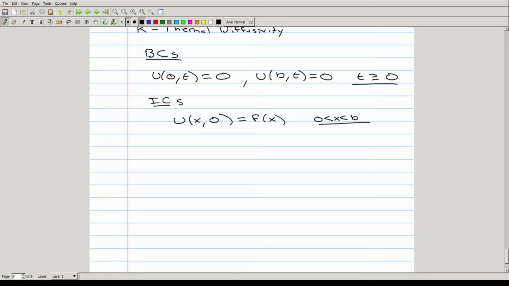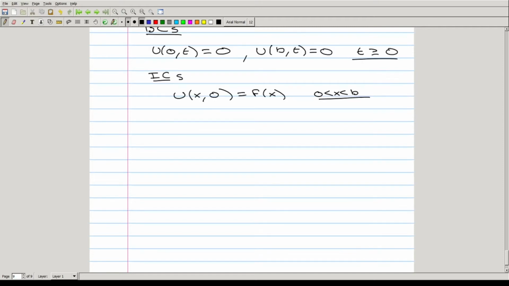So suppose that we can find a solution of the form u of x,t is equal to some function of x times some function of t.